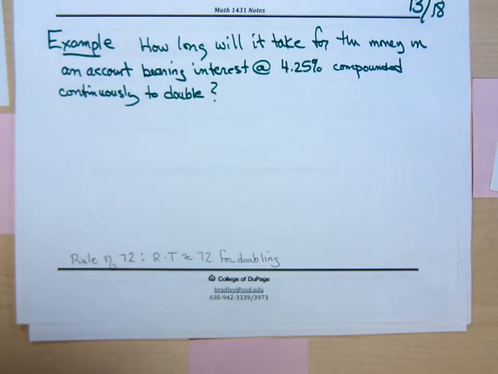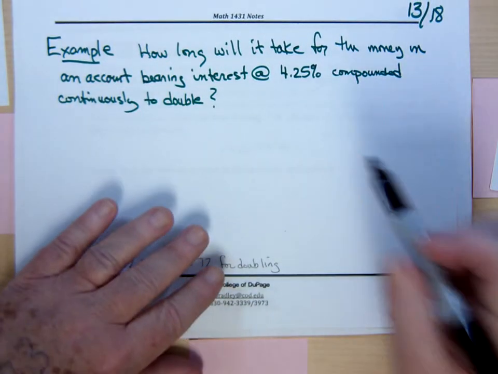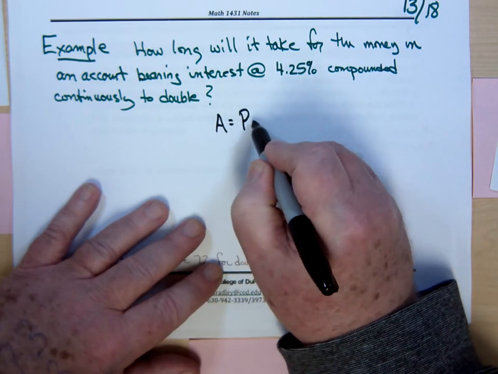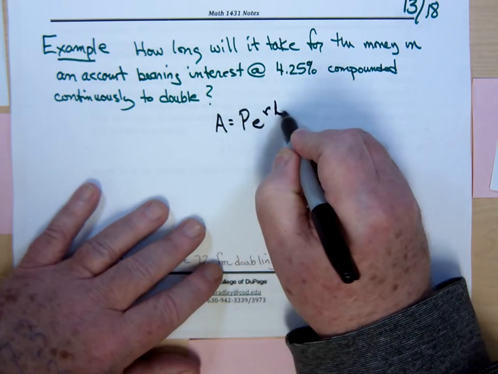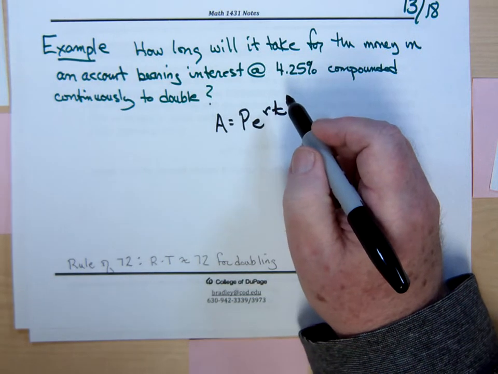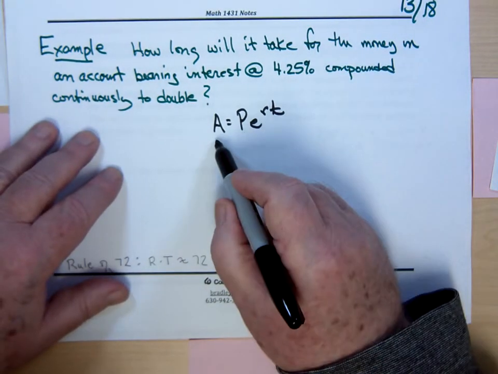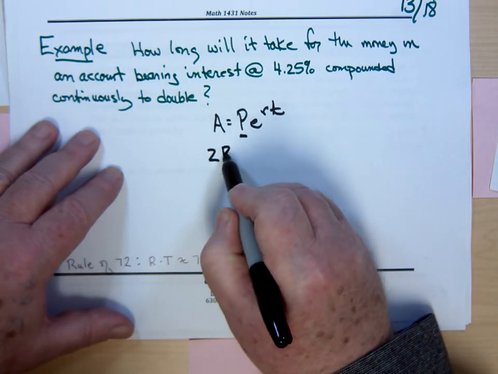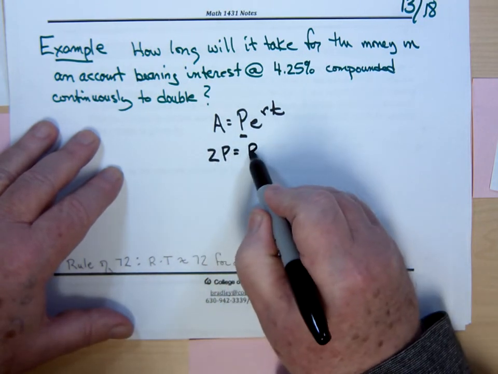So let's go back to the problem then. We want it to double. So this is our equation. The amount is equal to P times e to the RT. And we want the amount to be twice what we started out with. So that is going to be 2P equals P e to the RT.